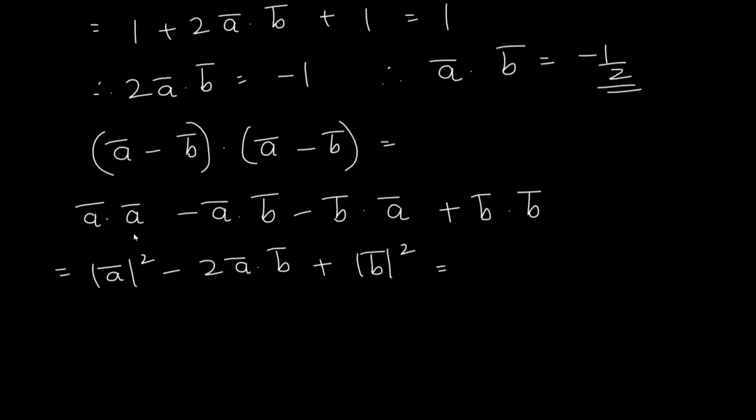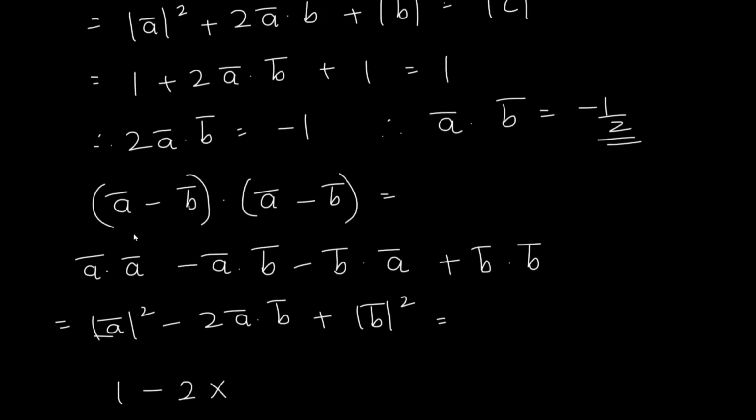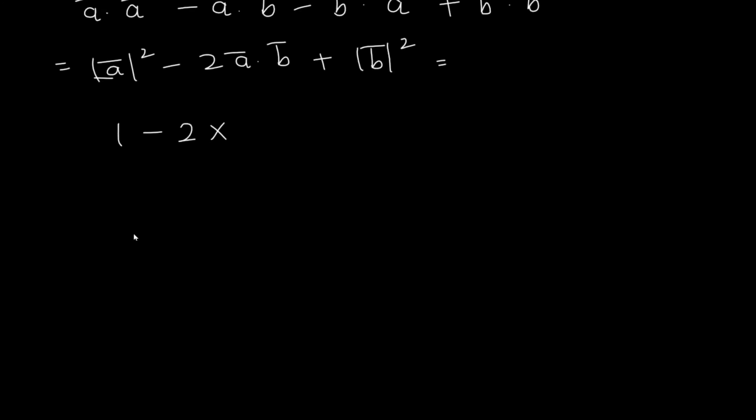So we put these values here, and we get mod A square becomes 1, minus 2 into A dot B. Now A dot B, just now we found it out, is minus 1 upon 2. As you can see over here, A dot B is minus 1 upon 2, and therefore we put that value over here. So minus 2 into minus 1 upon 2 plus 1 square means 1.